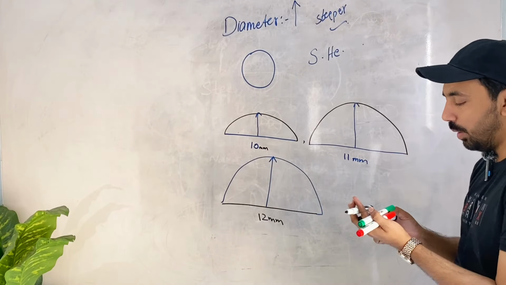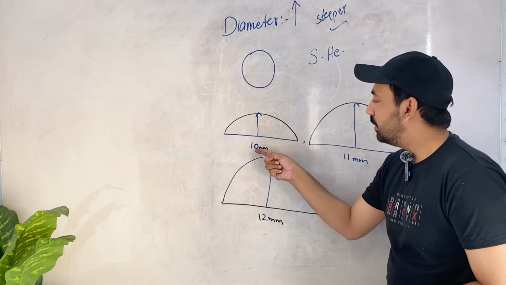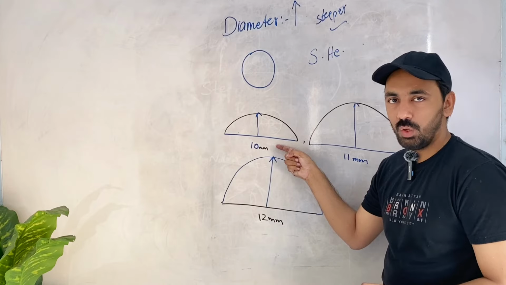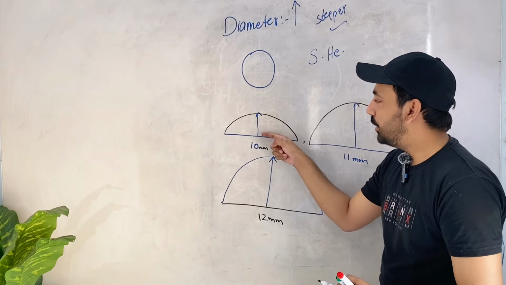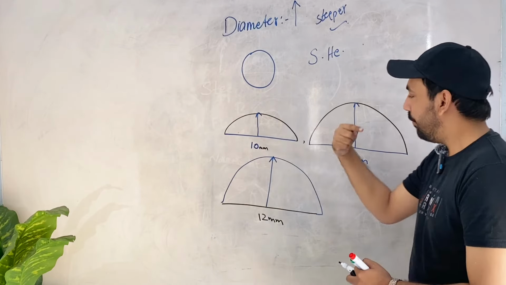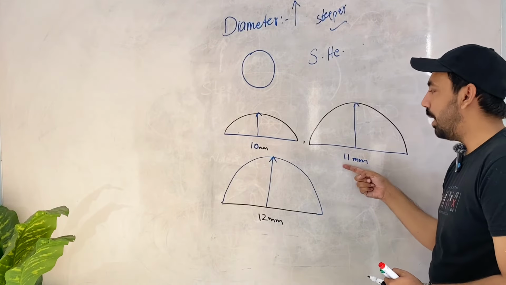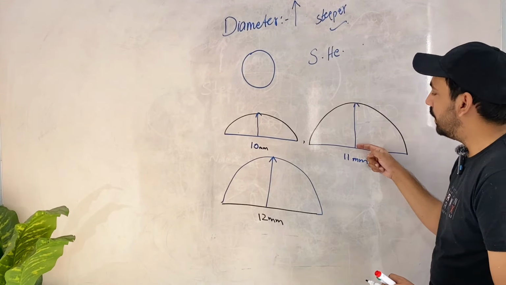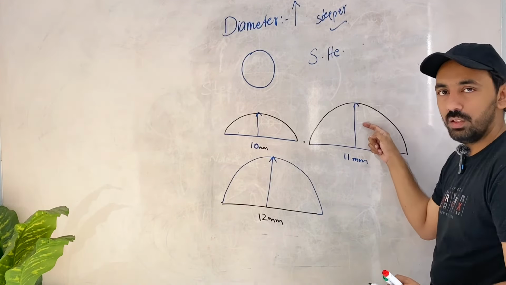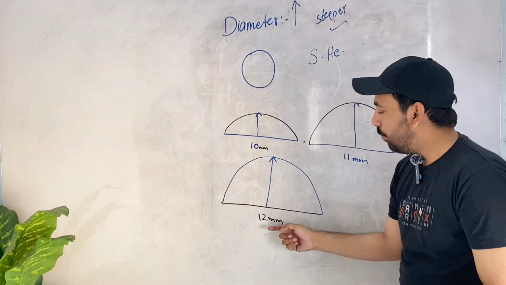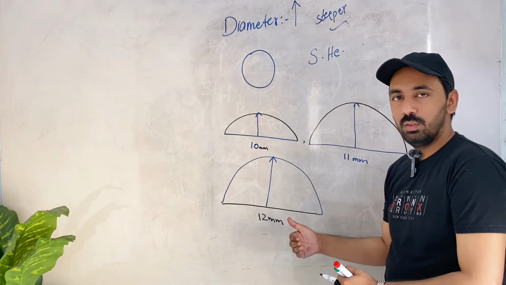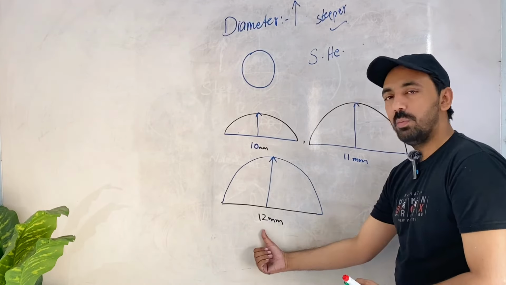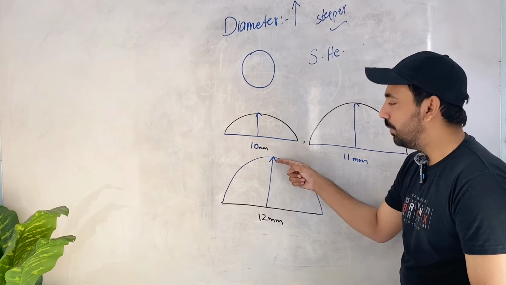In 10 millimeter of diameter, the sagittal height was less. When we increase the diameter to 11, 12 millimeter, the sagittal height is increasing accordingly.